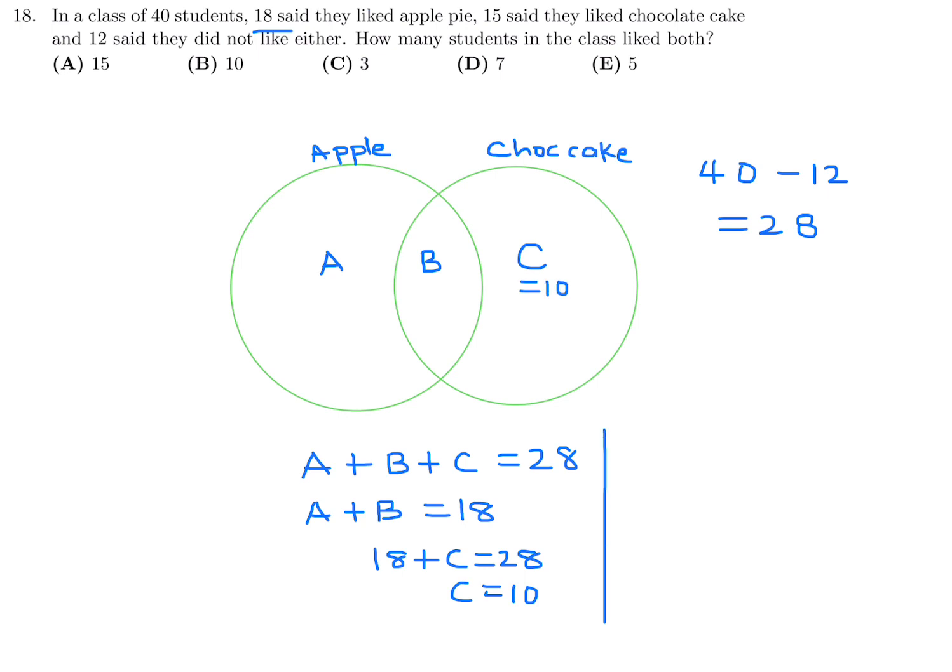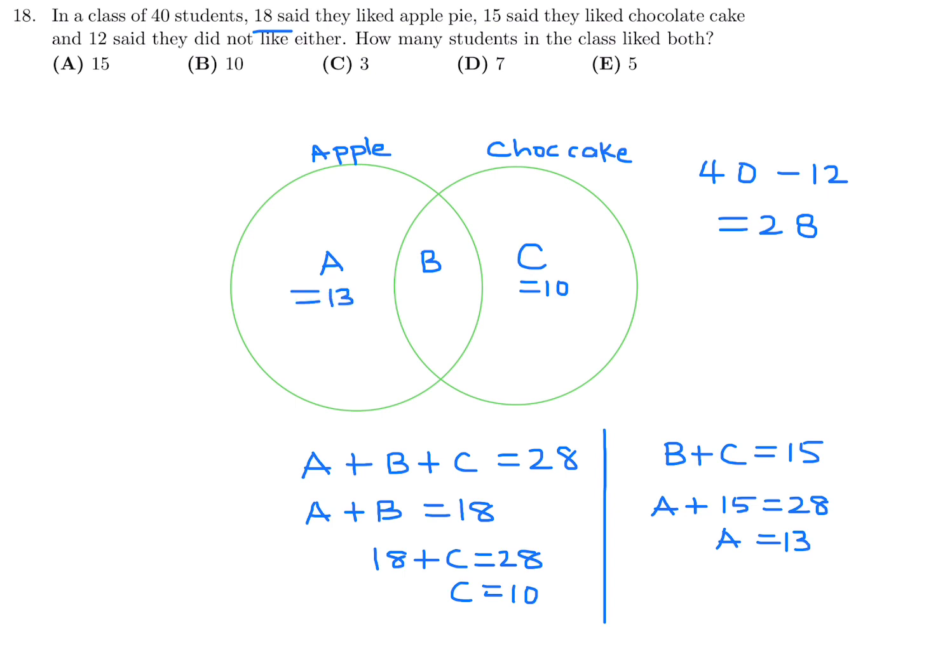And then in a very similar way, we look at the fact that 15 like chocolate cake. So if 15 like chocolate cake, that means these guys total 15. So that means B plus C is equal to 15. And therefore, we can substitute that back into there. So that means A plus B plus C, which is A plus 15, is 28. And therefore, A is 13. So that's 13.